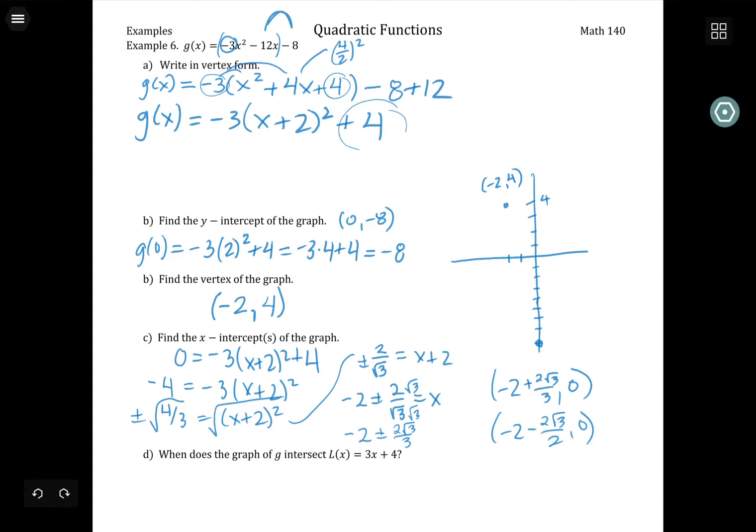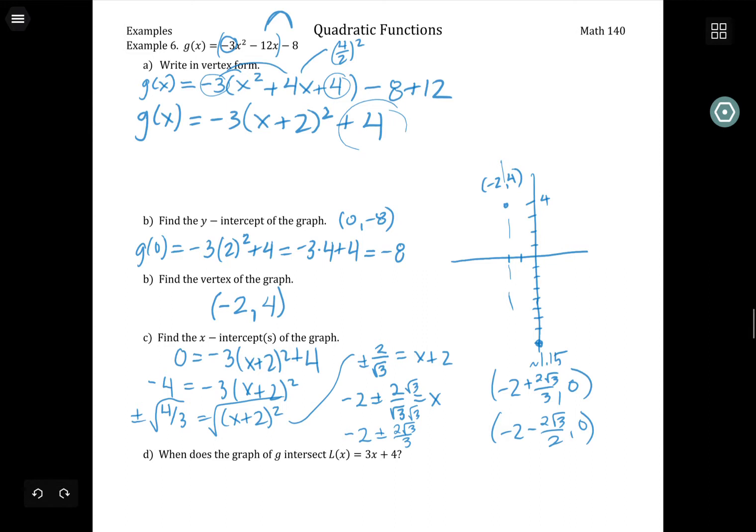Okay, so on my picture, negative 2 is the middle. We already knew that. So we're going left or right 2 root 3 over 3. Let me just get you a decimal approximation on this one. I won't be lazy. Oops, calculator. There it is. Okay, so 2 root 3 over 3 is approximately 1.15.